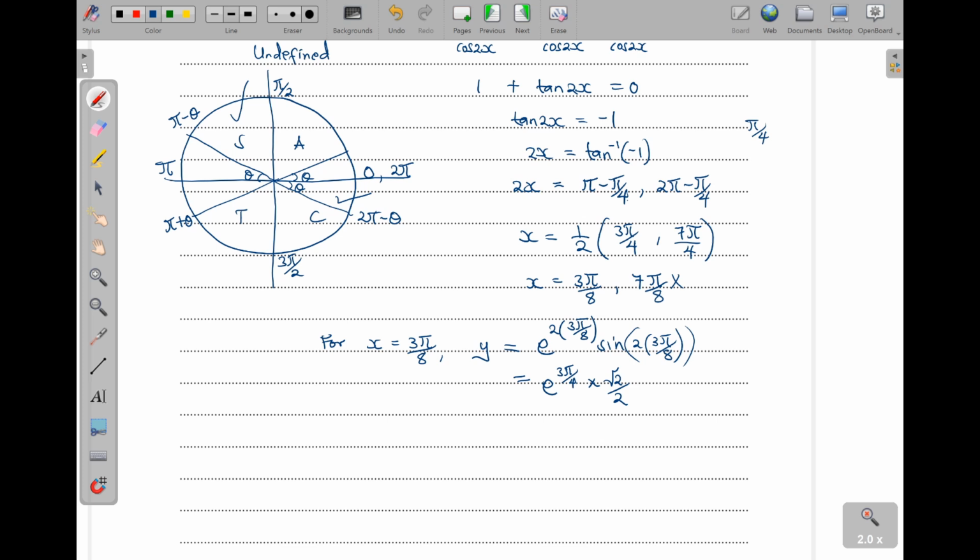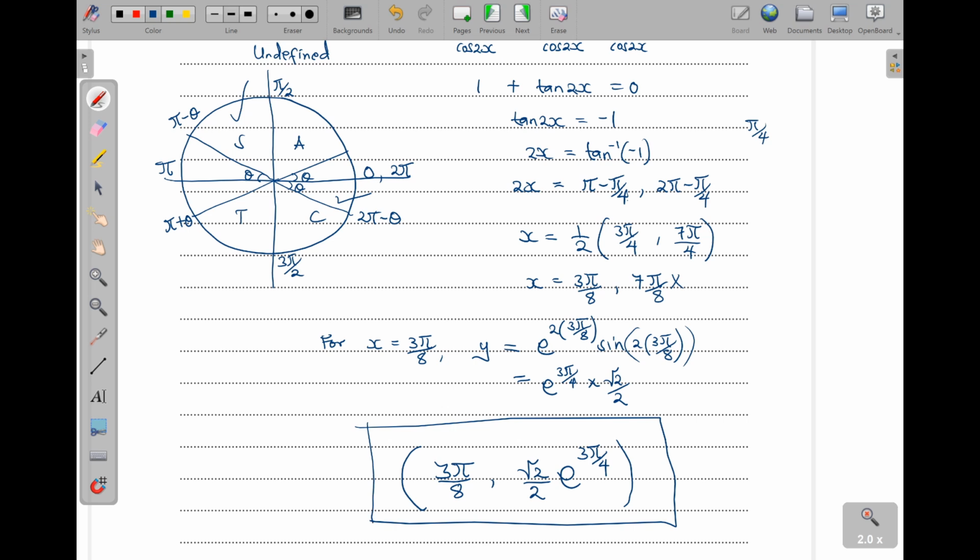So meaning the coordinates of the stationary point are going to be 3 pi over 8 as the x coordinate. Then the y coordinate is root 2 over 2 times e power 3 pi over 4. Like that, exact. We don't need decimals.